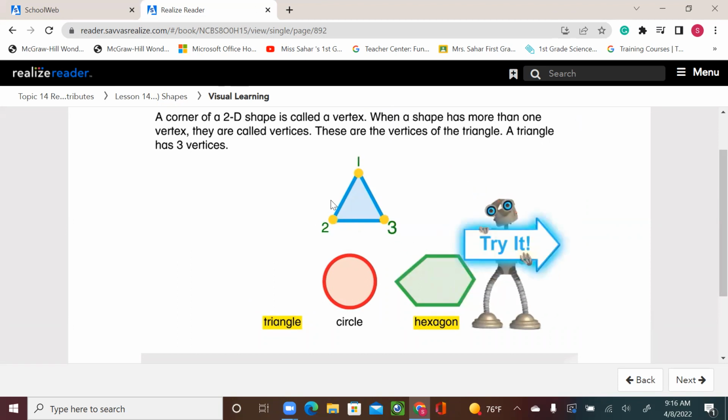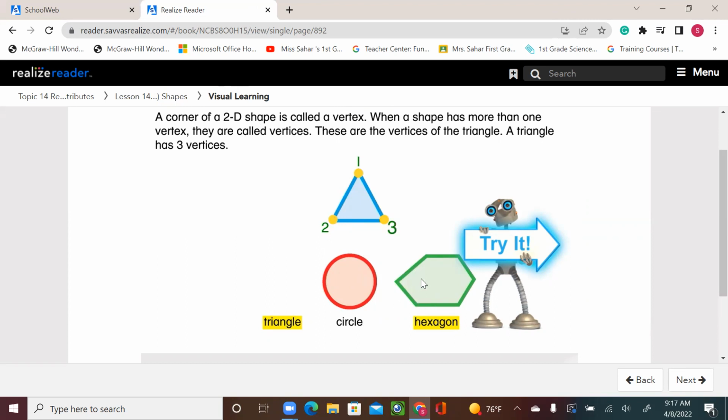Okay, so let's see what we have here. Now we know that the triangle has 3 straight sides and it's a flat shape, and we call it two-dimensional because it is flat. The circle is not. We know that the triangle, for example, has 3 corners, 3 straight sides, and 3 vertices. Let's see for the hexagon. Let's count: 1, 2, 3, 4, 5, 6.